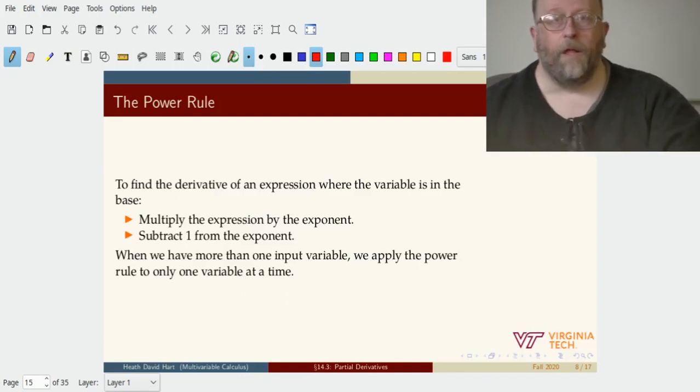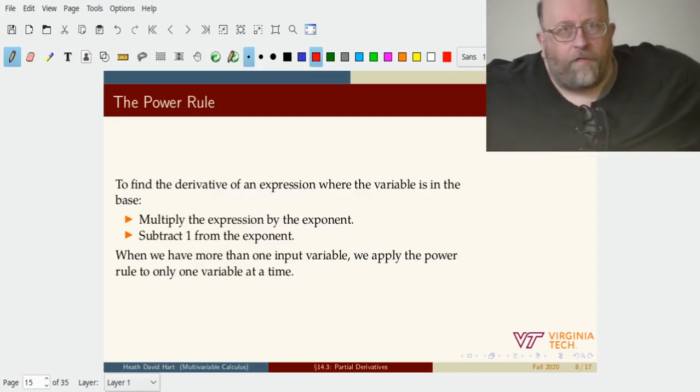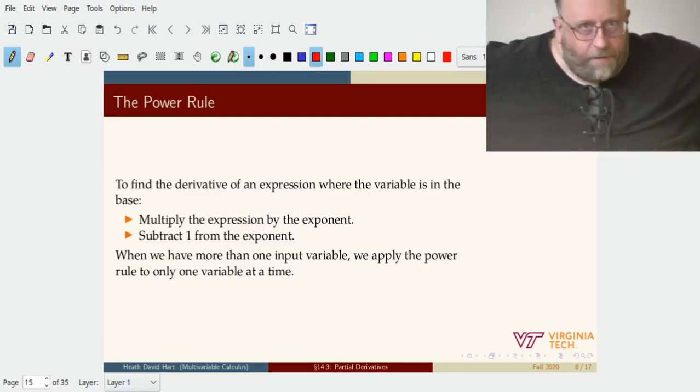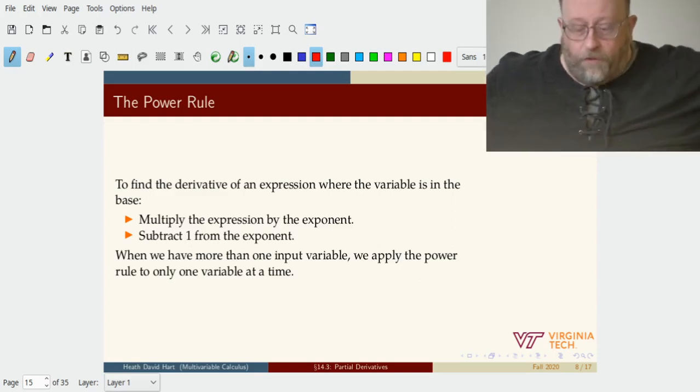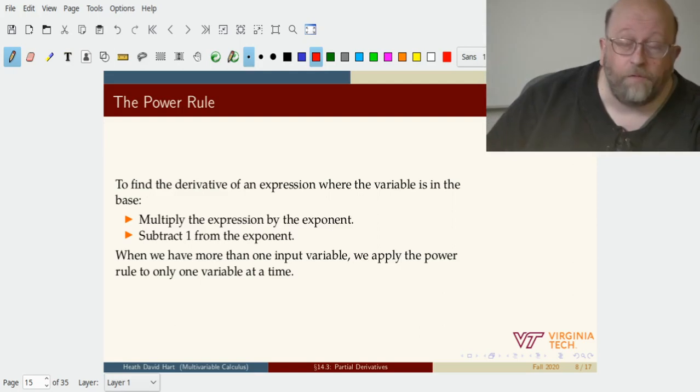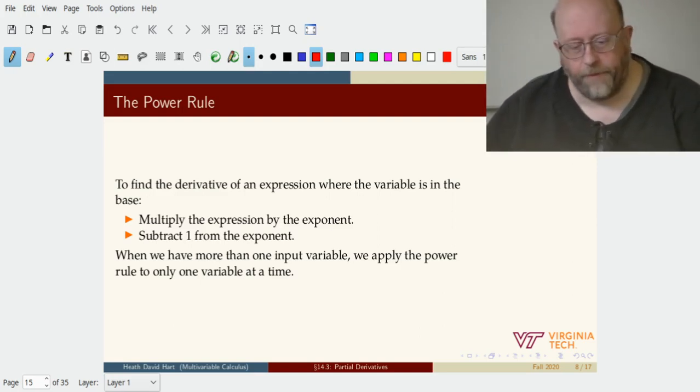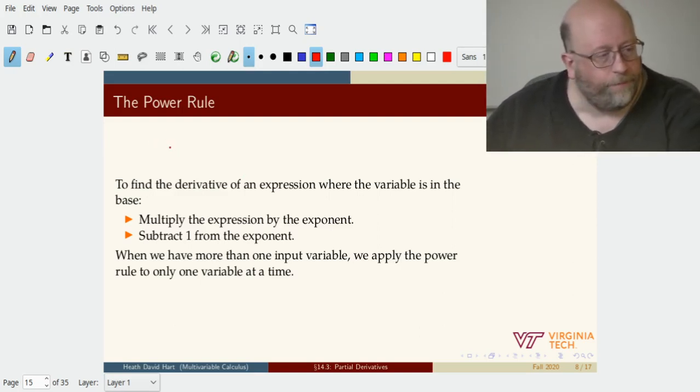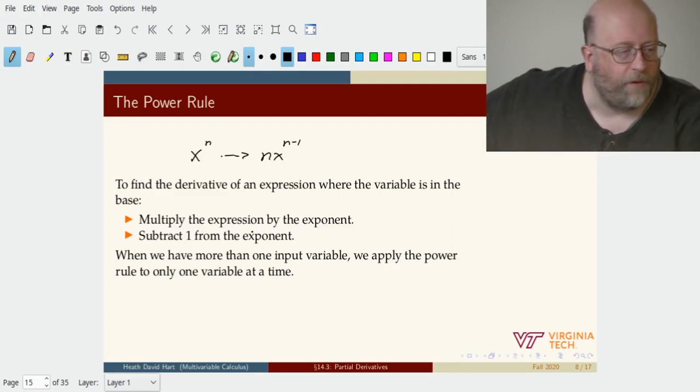All right. So, quick review of some of the derivative rules. I don't think any of you need a refresher on derivative rules, but just in case, let's go through these kind of quickly. The power rule, if we have x raised to some power, the derivative becomes, that power comes down to the front, and then we subtract 1 from the exponent.